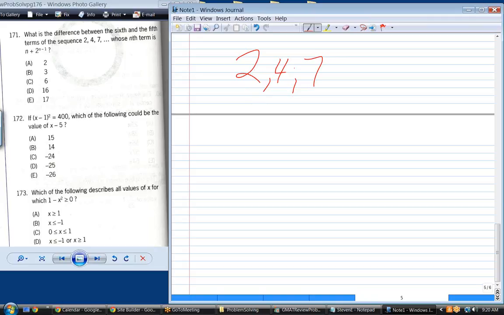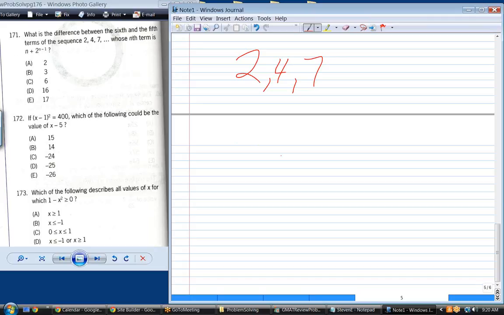Notice how they got the first term. N was equal to what? The first term is 2. Right, but N was equal to what? In other words, when you talk about sequences and the nth term, that's the first term, so N is 1. This is the second term, so N is 2.